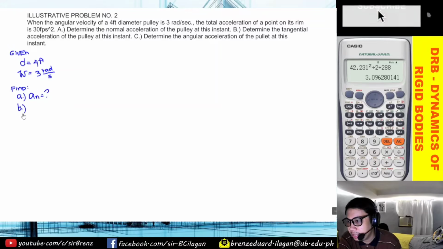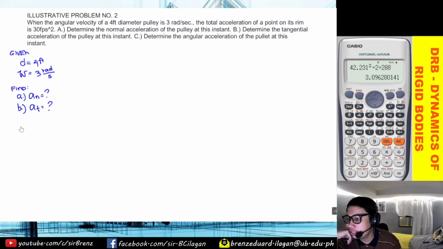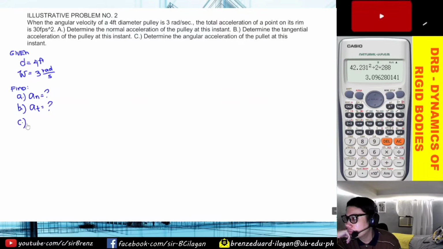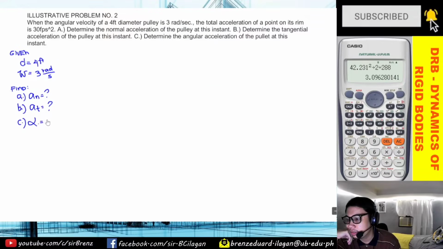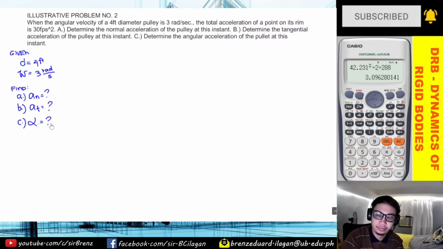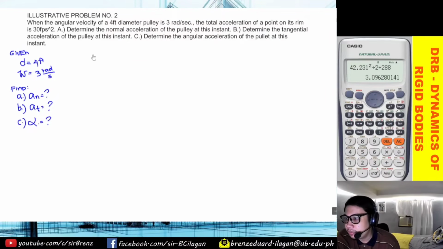For letter B, the tangential acceleration. And for letter C, yung angular acceleration. Okay. So, unahin natin hanapin yung for letter A.